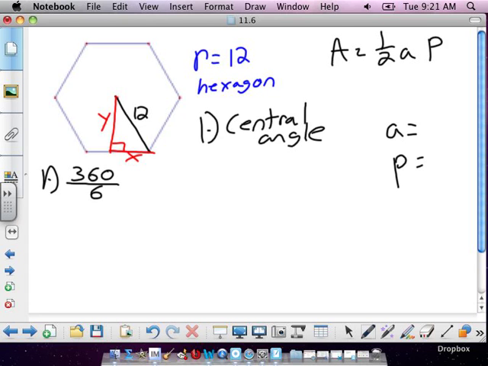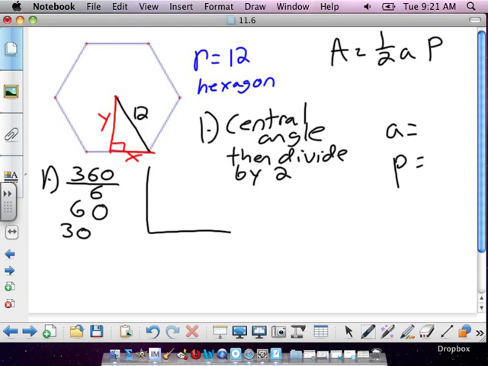Central angle then divide by what? By 2. So we get 30. Okay, now I'm going to draw this triangle bigger so I can see it. I know this is 30. And I want to find x.